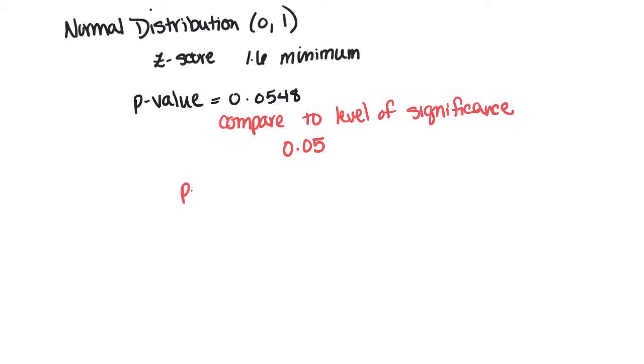So since my p-value is greater than my level of significance, again my p-value was 0.0548, unfortunately, because that value is greater than the level of significance, it's not enough to reject the null hypothesis.